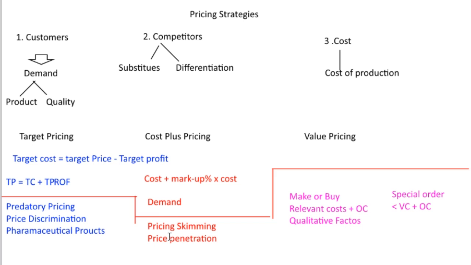We have other pricing strategies. Price skimming is starting off with a high price for your early adopters, usually for technologies, and gradually reducing the price as the product life cycle passes. So when you're reaching growth and maturity of your product, you're decreasing your price and you're including the more price sensitive consumers.